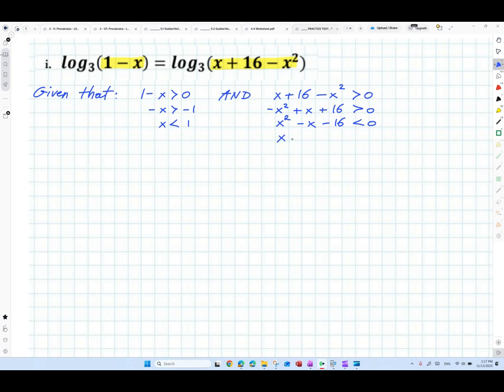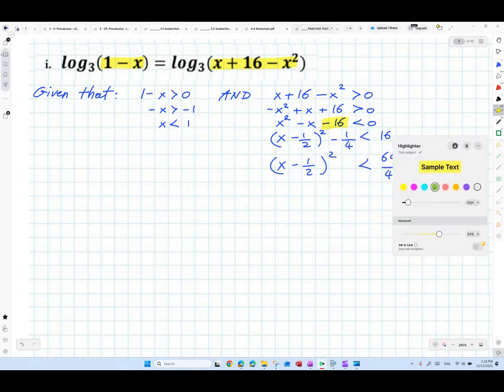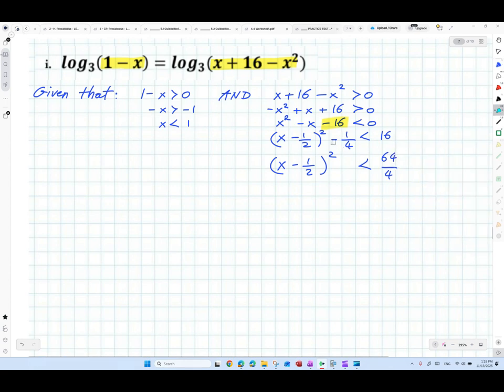Bring down the x, divide by 2, and then subtract the square. What I could do also is to cross over that subtraction. So let me clean things up a little bit. 16 is 64 over 4, and I'm going to cross over that subtraction.